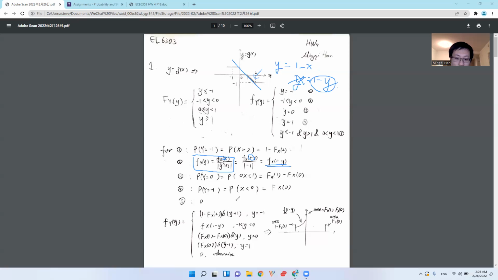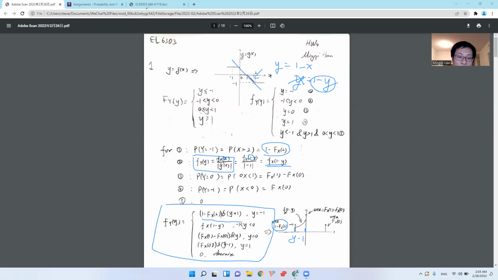Now we have the probability density function, and we can simply draw it. For y at -1, we have this value, which is just the area of this part, and from -1 to 0 of y, we have this function.